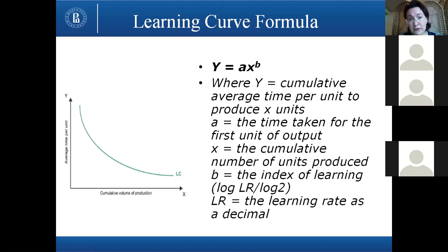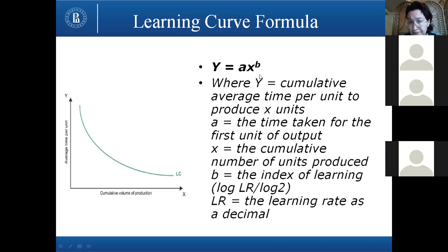Then let's look at the learning curve formula. Y is the cumulative average time per unit to produce X units. A is the time taken for the first unit of output. X is the cumulative number of units produced.